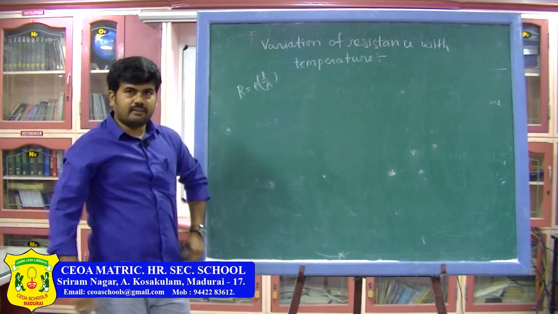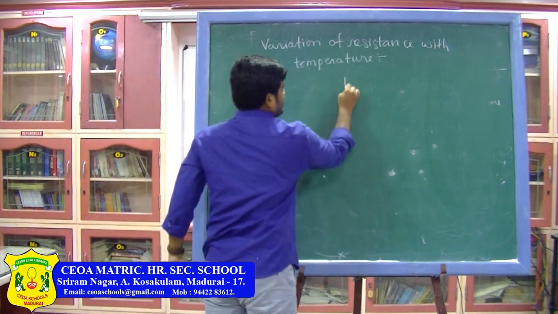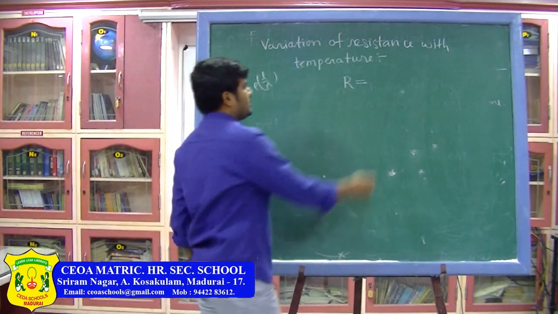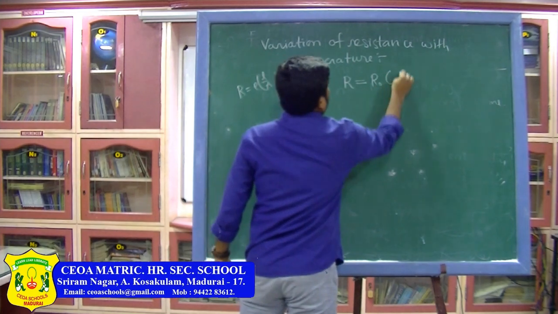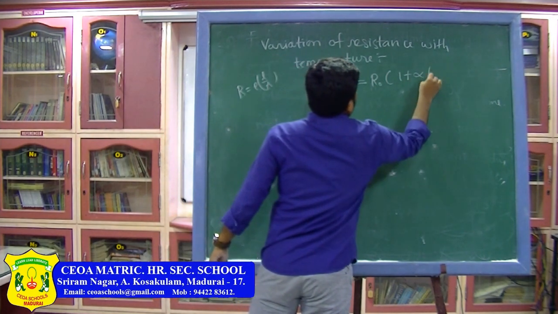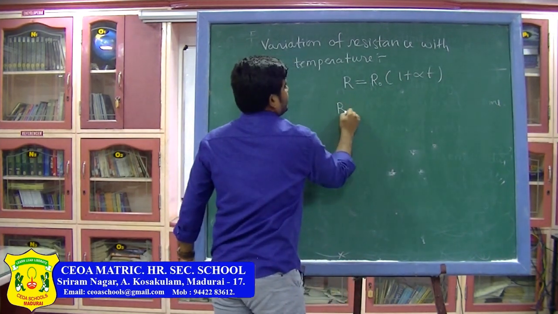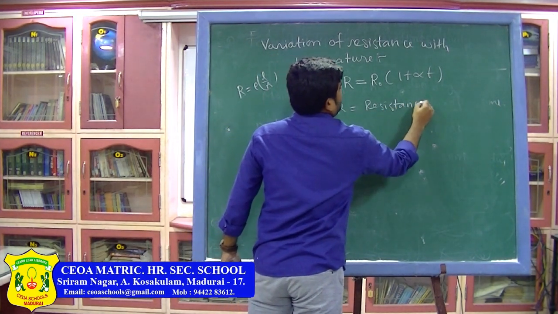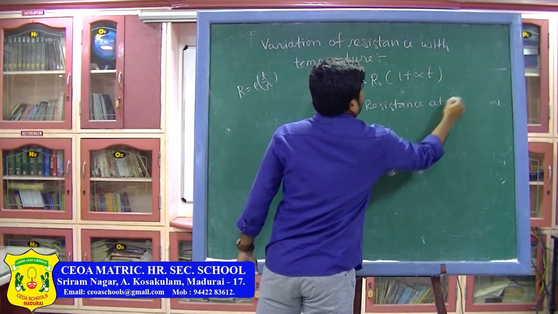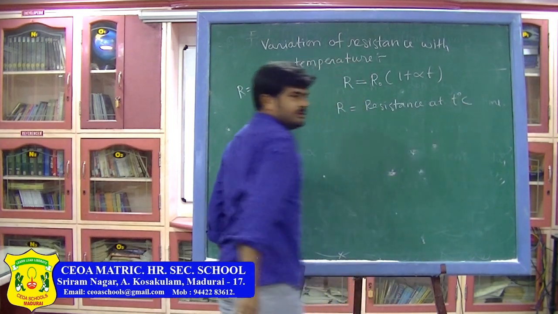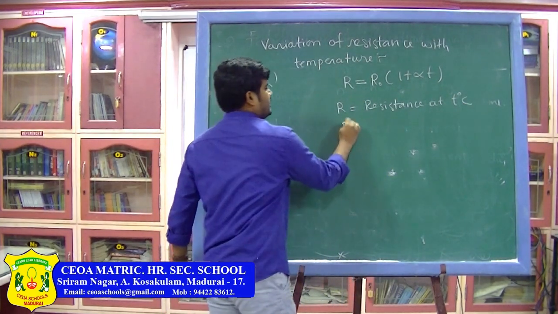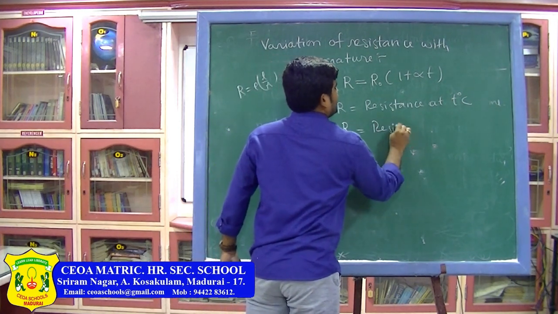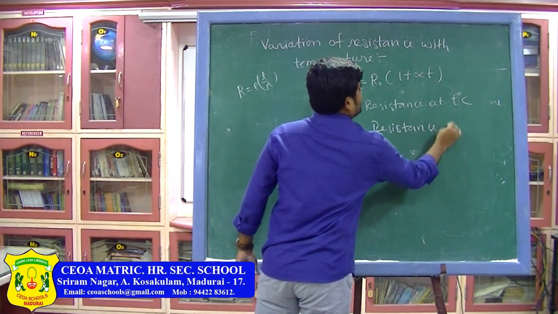Now for conductors, the variation of resistance with temperature is given by R is equal to R naught into 1 plus alpha T, where R is the resistance of the material at T degree Celsius, and R naught is the resistance at 0 degree Celsius.